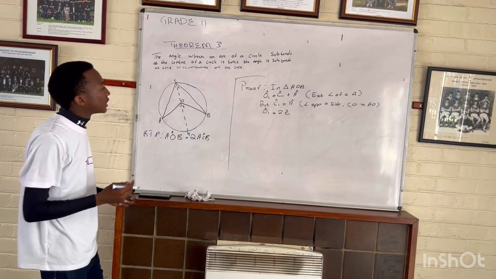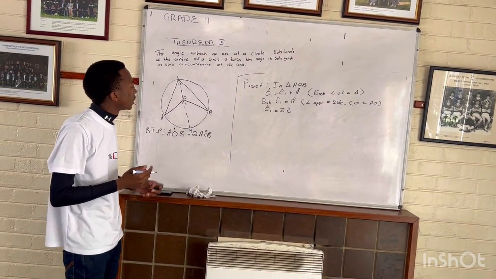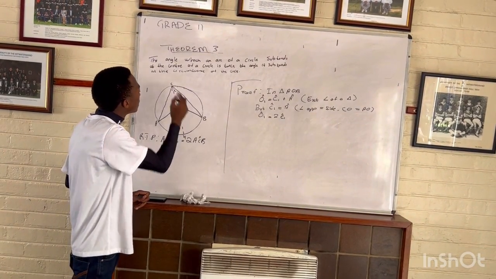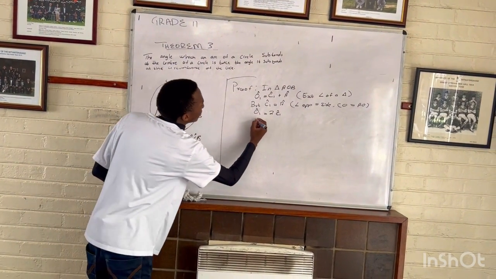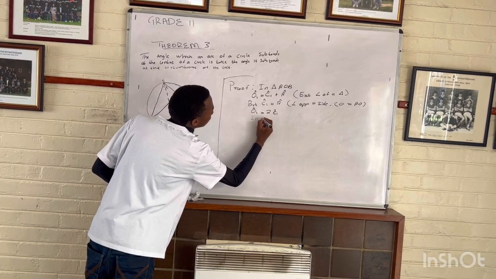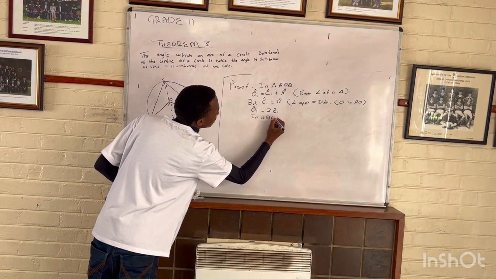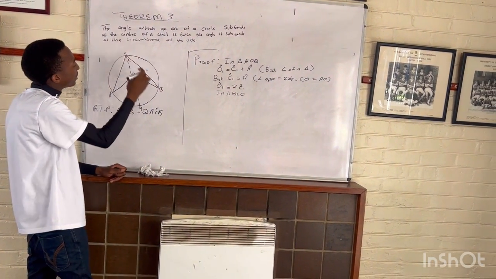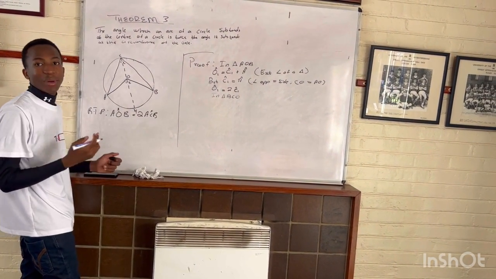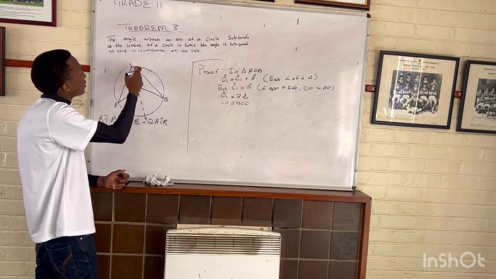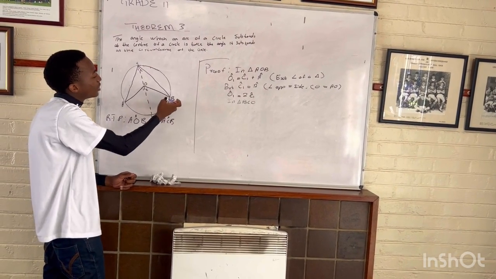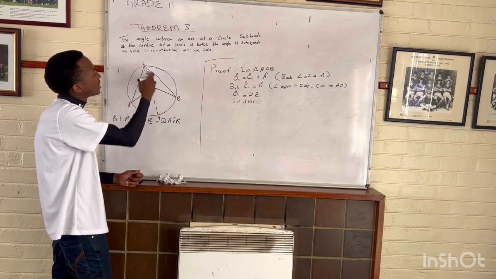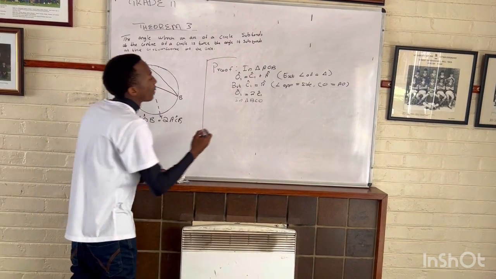Now we're looking at a different triangle. In triangle BCO, O2 is equal to C2 plus B, and we know that C2 is also equal to B. Now it means that O2 is 2 times angle C2.